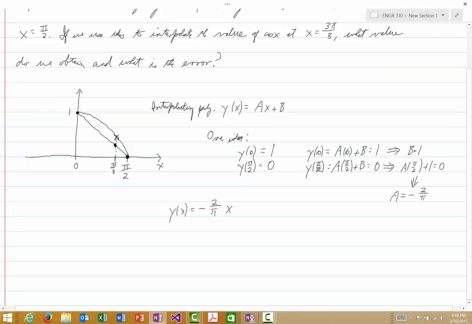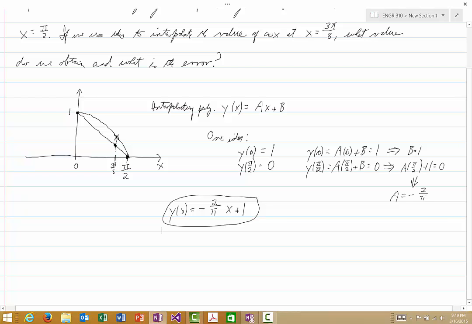I'm substituting in here this minus 2 over pi we found for a. I'm substituting it in there. And then for b, I'll substitute in 1. This would be the interpolating function that we would have. And let's just check it to make sure that it does agree at the endpoints.